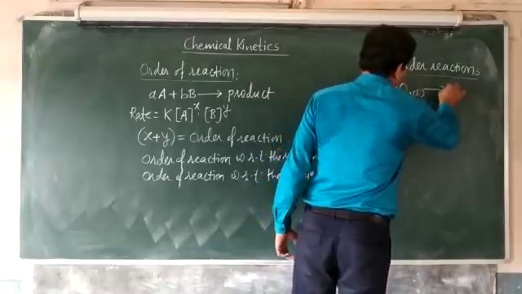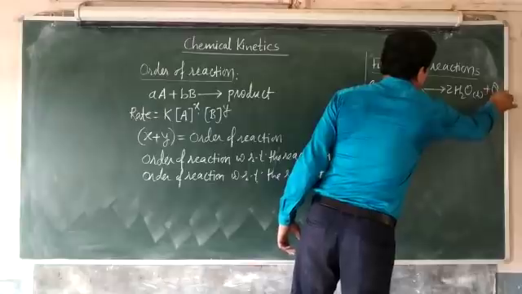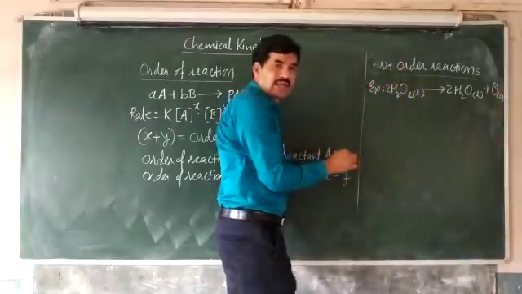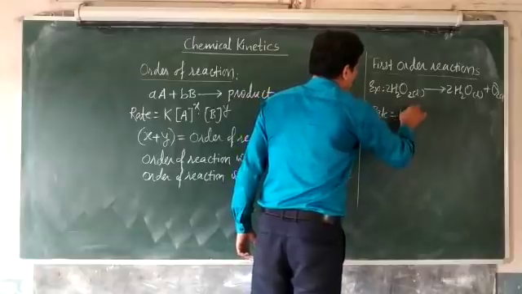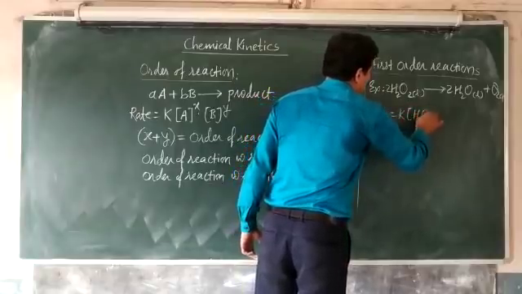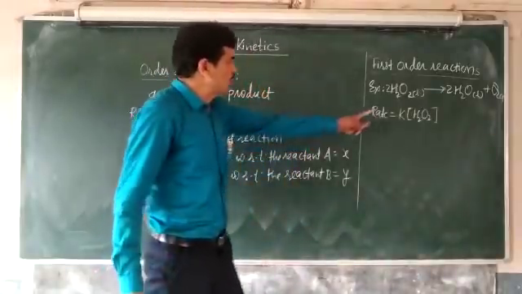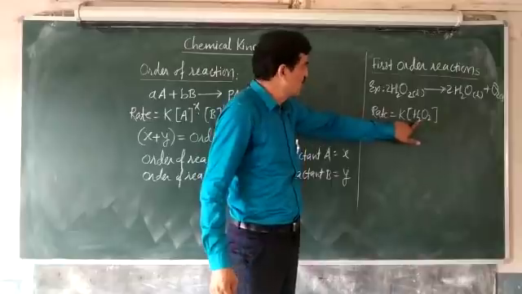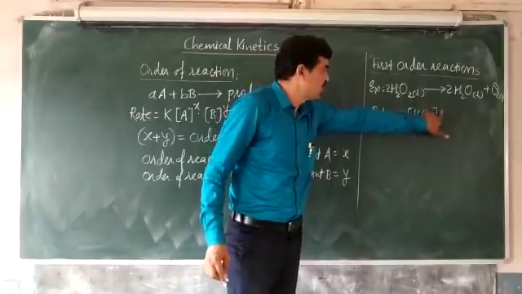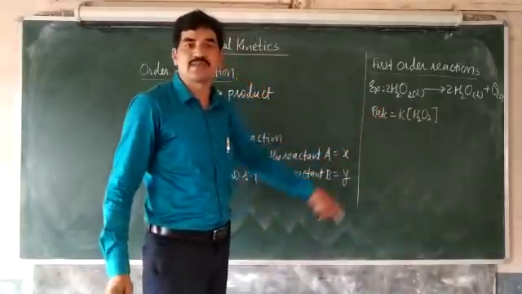When hydrogen peroxide decomposes, there is formation of water and oxygen gas. The experimental rate law for this reaction is rate equal to k into molar concentration of H2O2. So here the value of the exponent raised to the concentration of H2O2 is 1, and therefore the order of the reaction is 1. This is the first order reaction.